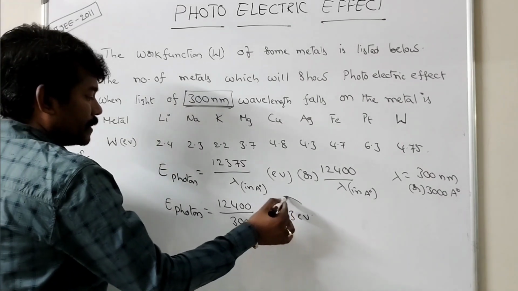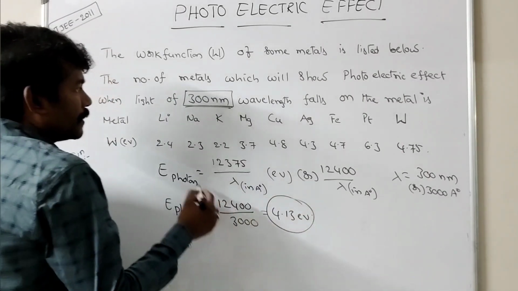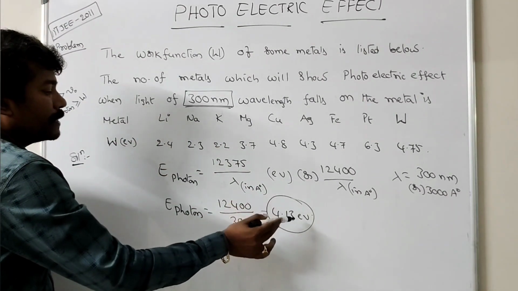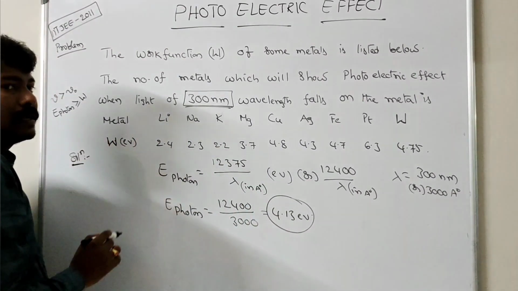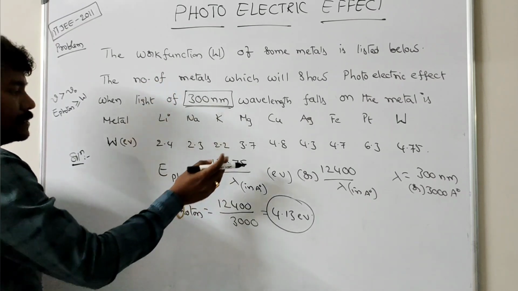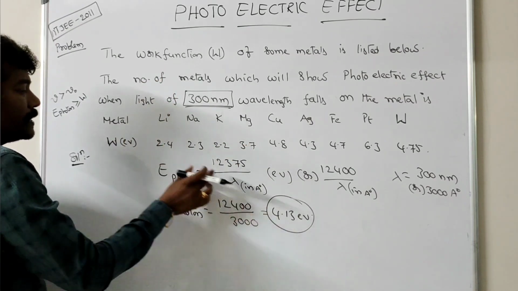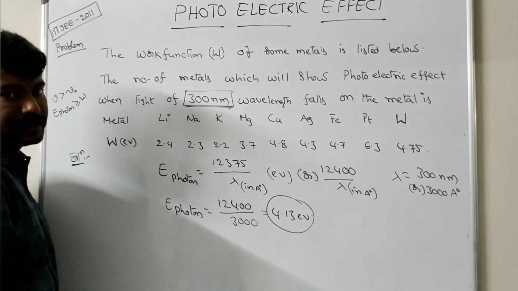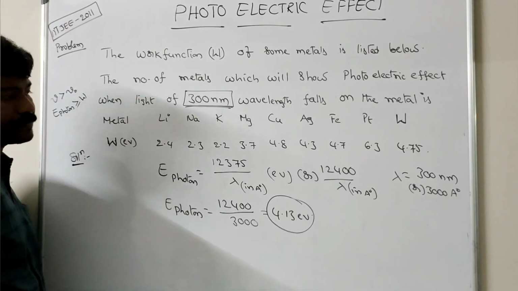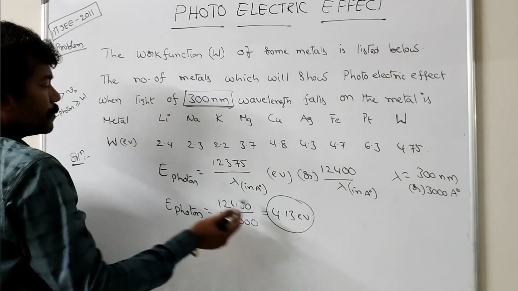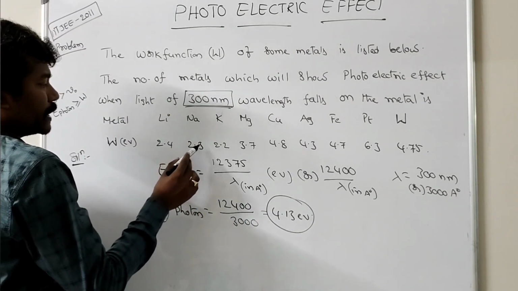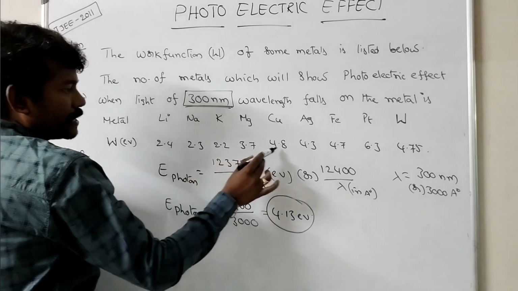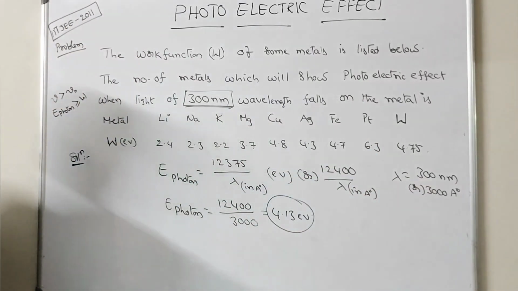That means metals having a work function less than 4.13 electron volts can show the photoelectric effect. So less than 4.13: 2.4, 2.3, 2.2, 3.7. The others are all greater than 4.13 electron volts.